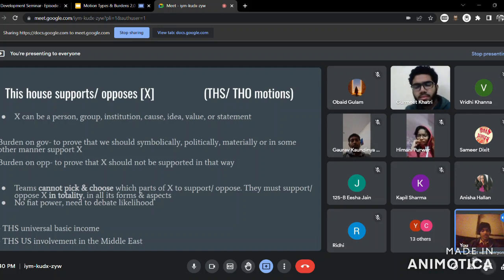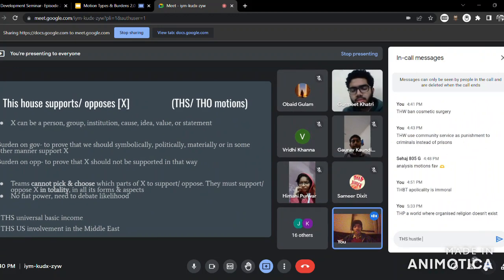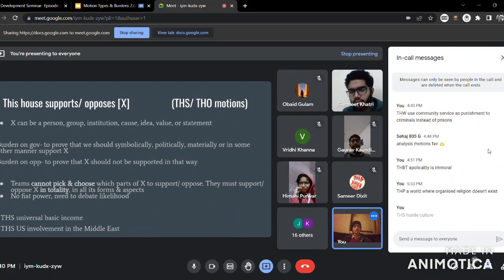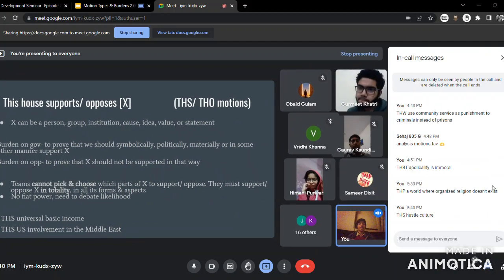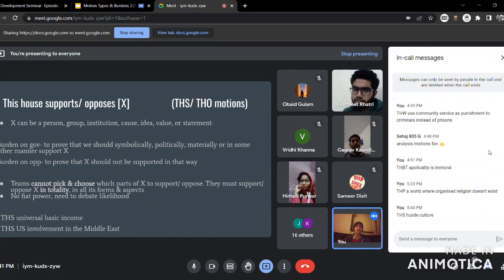So even in this motion where you're supposed to defend everything in totality, by that I do not mean that, let's say the motion is, this house supports hustle culture, the good thing could be that hustle culture leads to people working on themselves professionally, helps in getting them jobs, and careers become stable. The bad thing could be that hustle culture is toxic, creates mental pressure, mental stress, or affects your mental health and things like that.